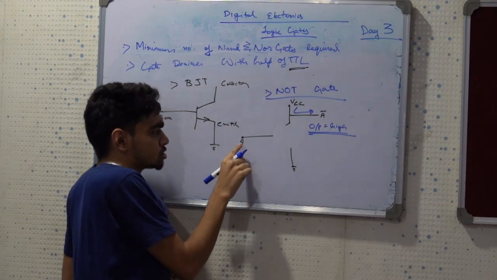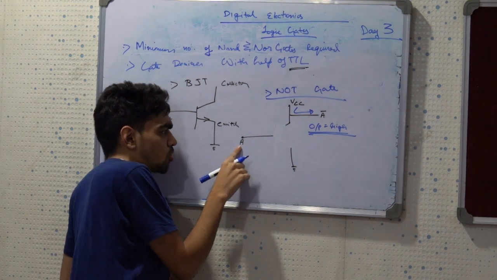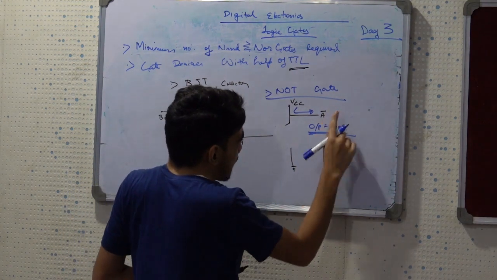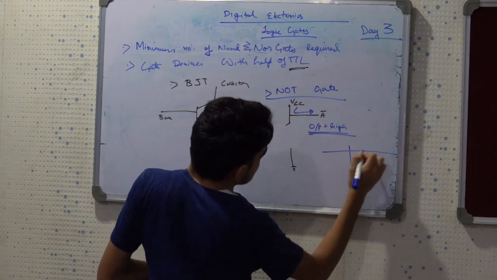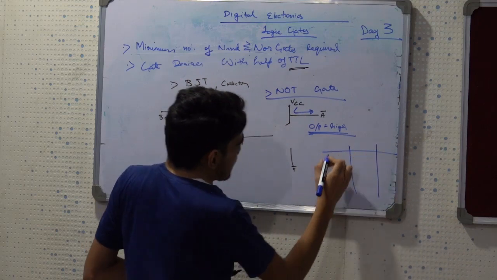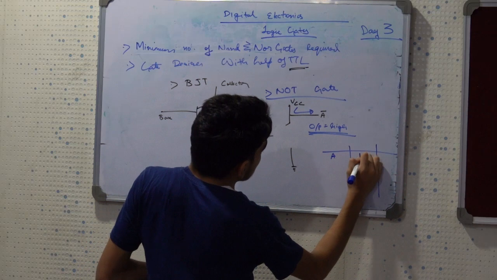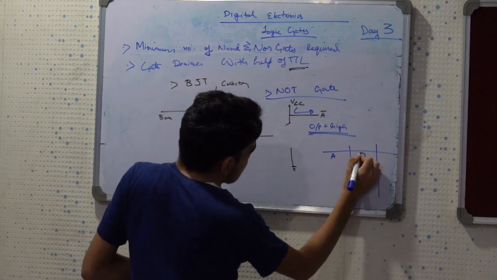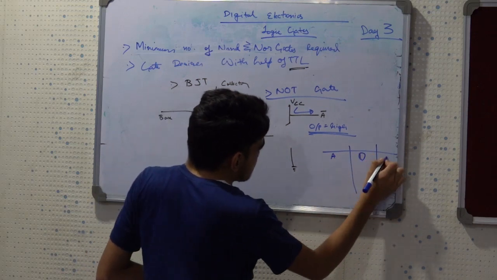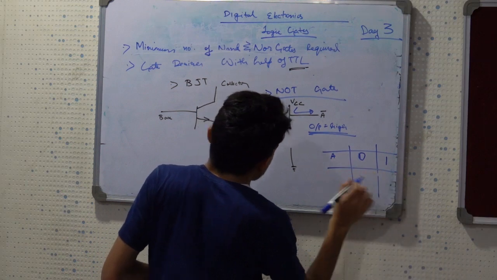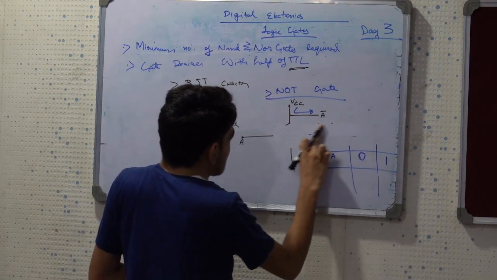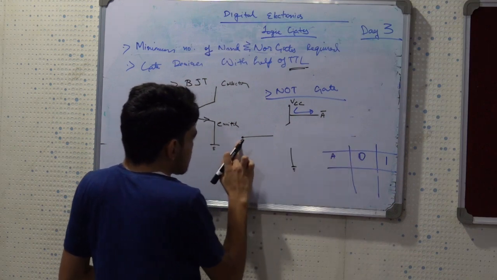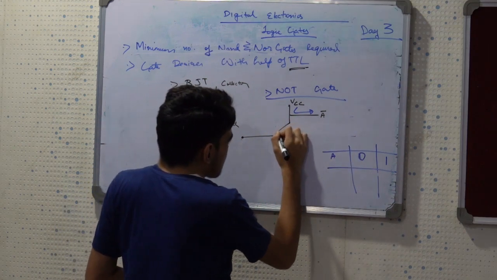Because this one was low and the output is high, that's why this is the usual NOT gate logic. So whenever I take A as 0, the output Y over here is 1, which is high. And let me take A as high.